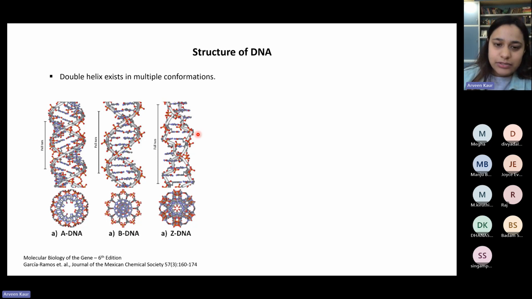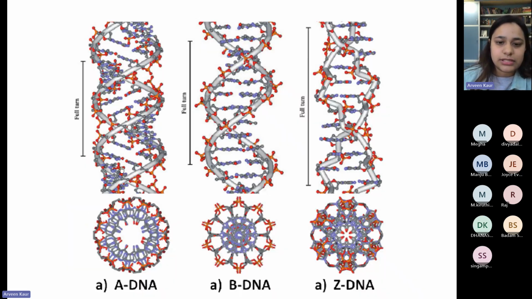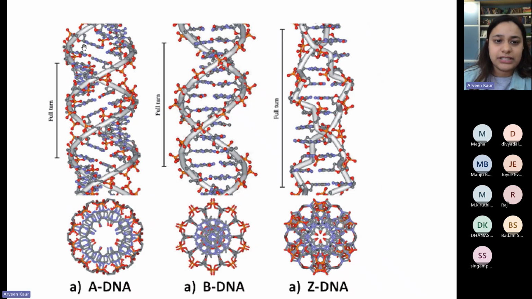This is actually how I was trying to draw that Z-DNA also. So you can see, maybe I will zoom it for you. This is how it looks, right? So in A DNA, as you can see, the major and minor grooves do not have much difference between them in size.